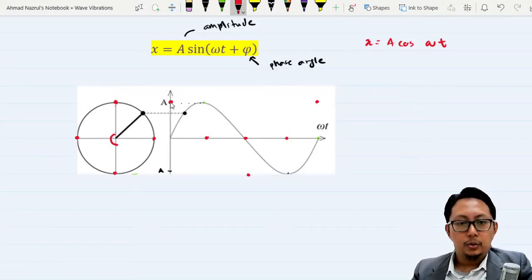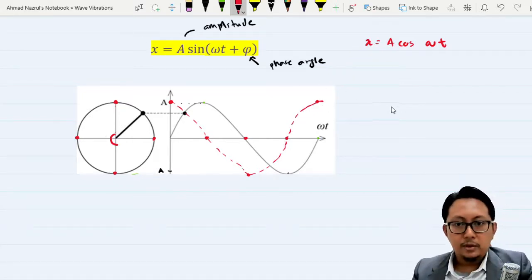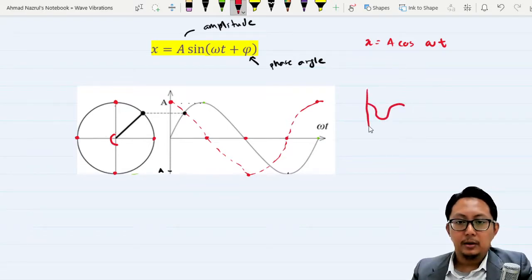So we will get the graph of cos, something like this. Not a very nice graph, but something like this. So that will be the sine and cos.